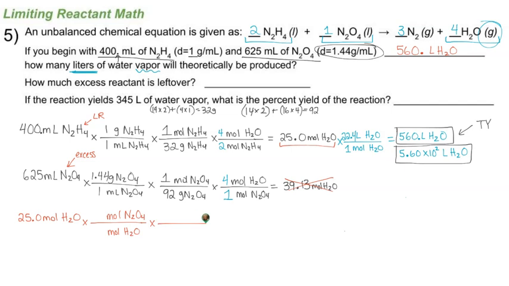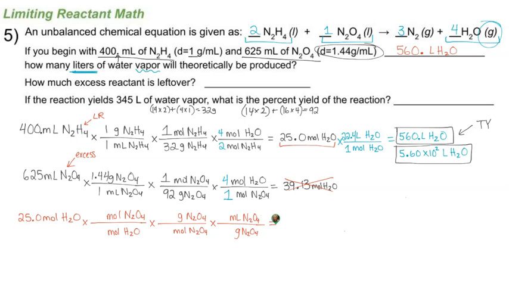Then we can go from moles of N2O4 to grams of N2O4. And then, since our original amount was given in milliliters, we'll have to go from grams of N2O4 to milliliters of N2O4.